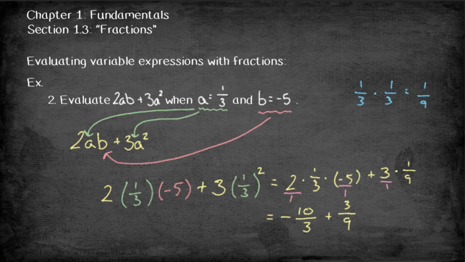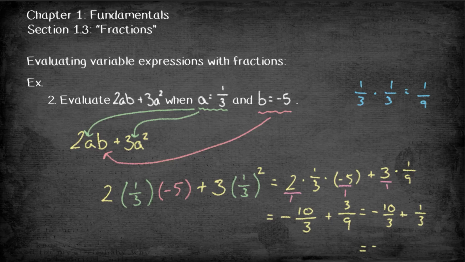Now remember, I gotta have a common denominator. Luckily though, 3/9 simplifies, so I don't actually have to work to find it. I'll have -10/3 plus 1 over 3. And my answer is going to be negative.